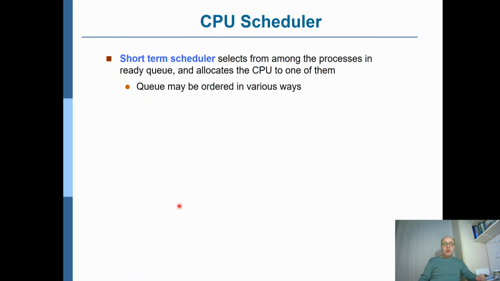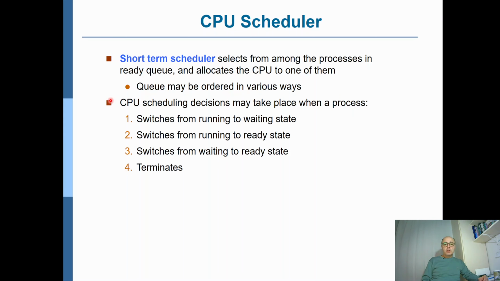Okay. So now we have a queue of processes that want to go into the CPU, and the CPU scheduler actually decides how you manage that queue, who goes next in that queue. So the CPU scheduling makes its decision in the following 4 cases.